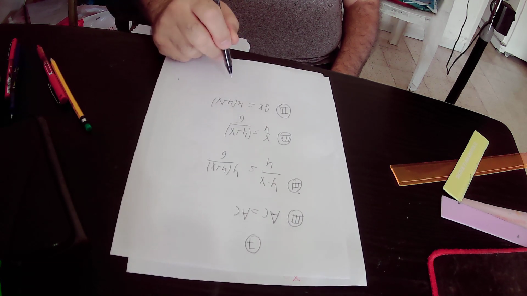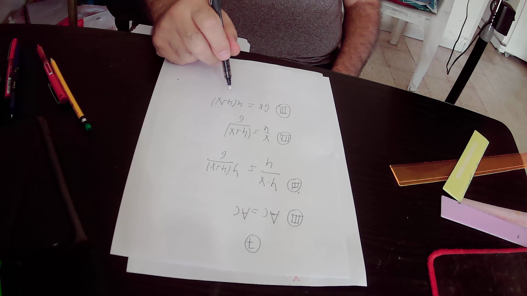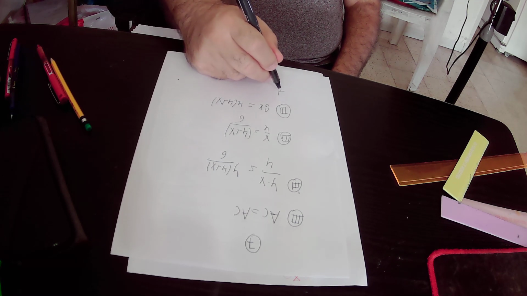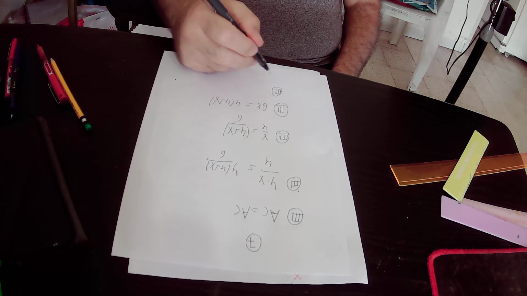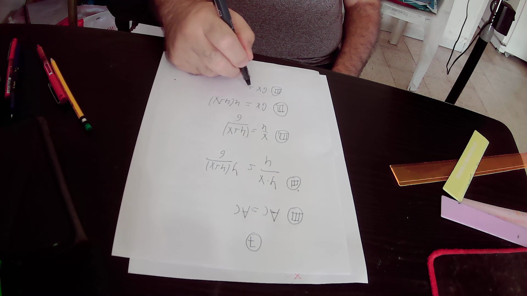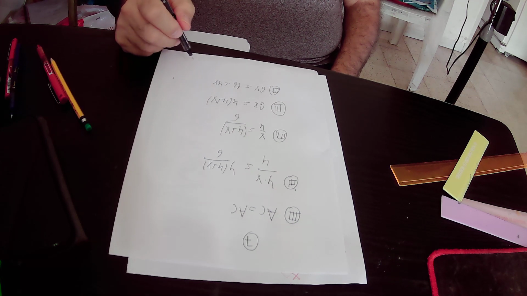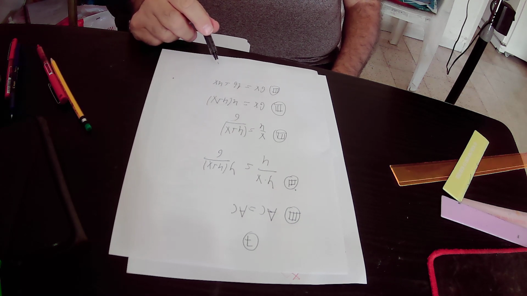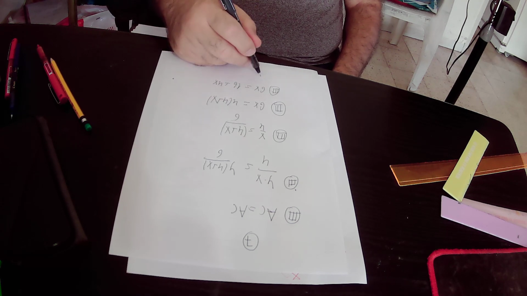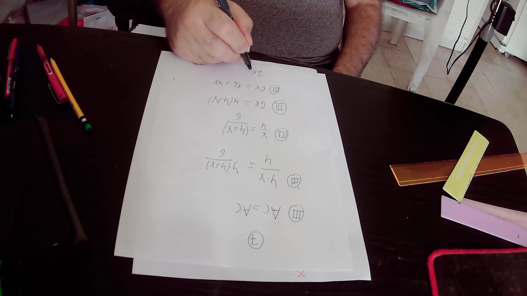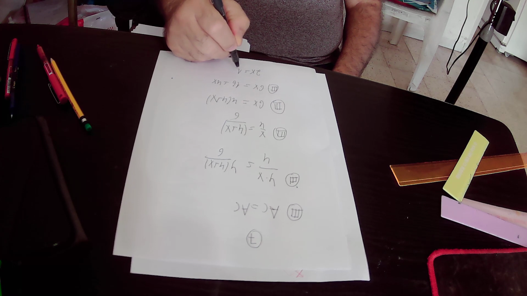Here we will open the brackets on this side of the equation, and we will get that 6x equals 16 plus 4x. So here we will subtract 4x from equation number 3, and we will get that 2x equals 16.